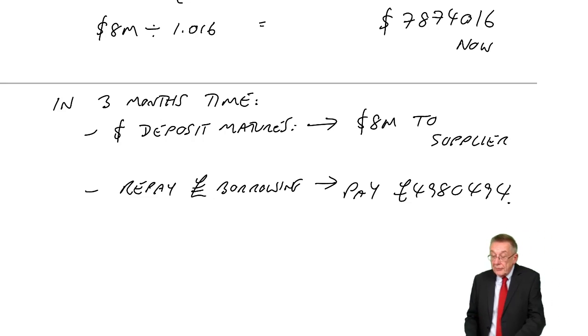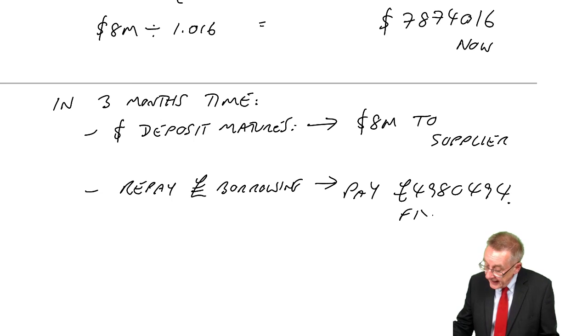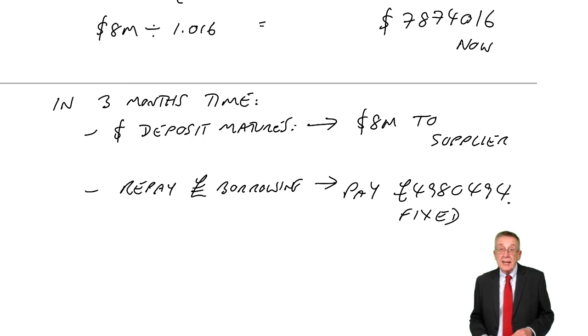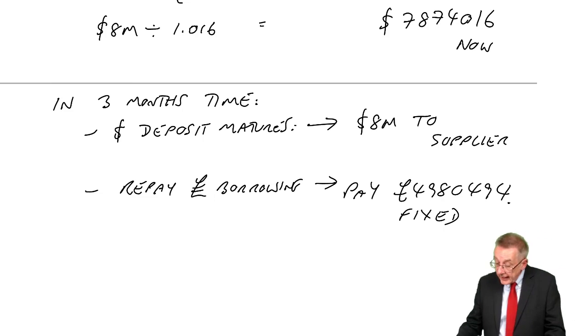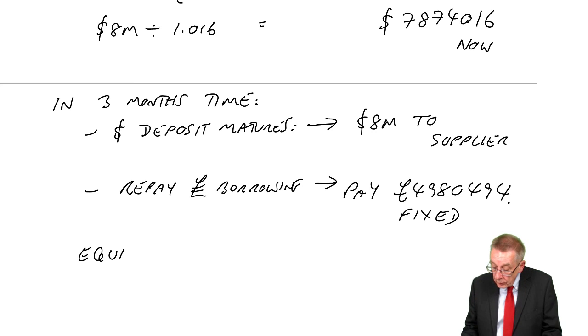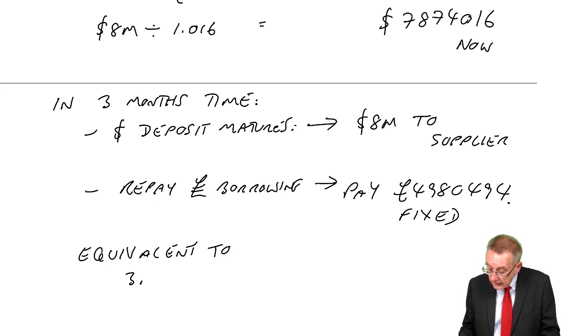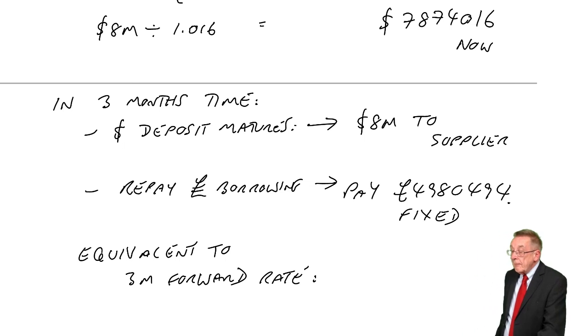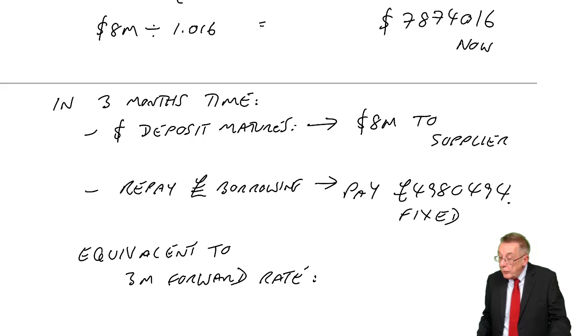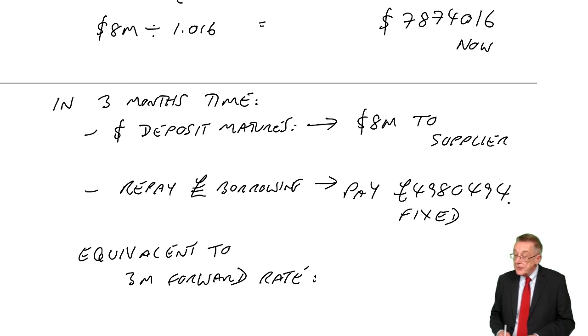The amounts are all fixed. It's irrelevant what happens to the exchange rate. So again, the same net effect as using forward rates. In fact, this is equivalent to a forward rate of what? $8 million is what we get for 4.98 million pounds.